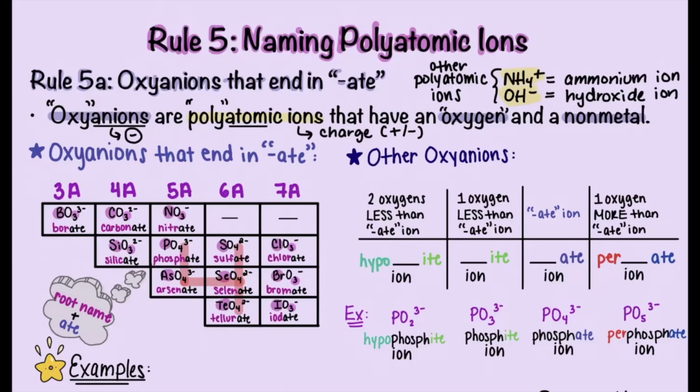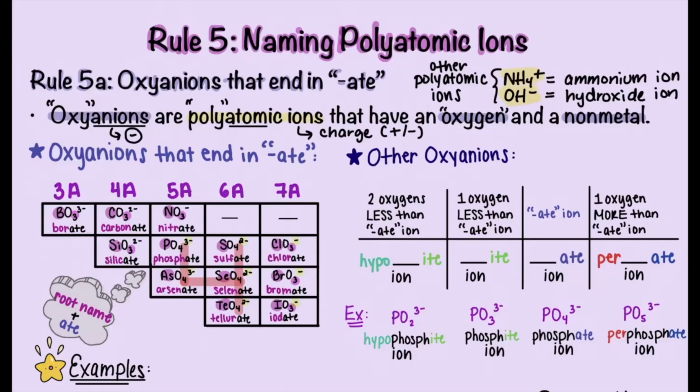And a little charge pattern hack that I want to give you guys that could help is that everything in group 7A is going to have a -1 charge. Everything in group 6A will have a -2 charge. And phosphate and arsenate, which are in group 5A, have a -3 charge.